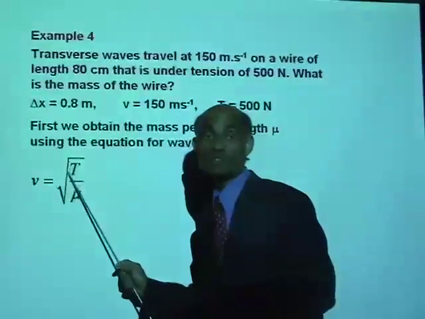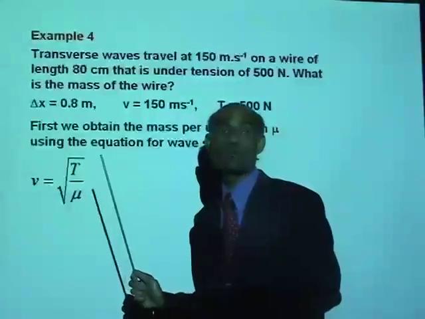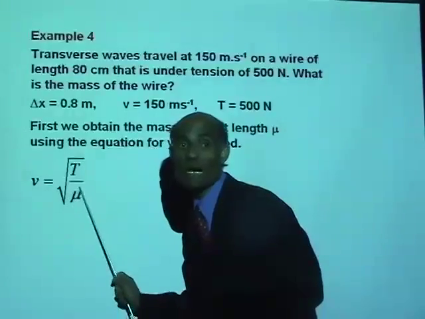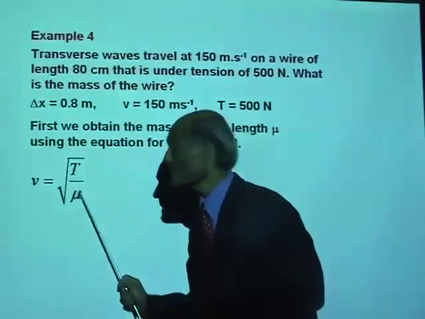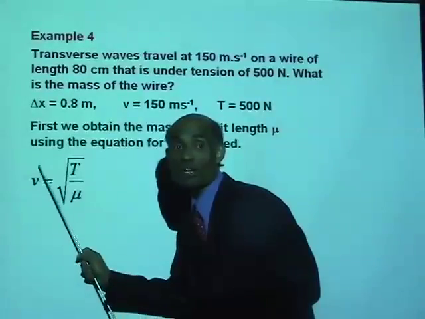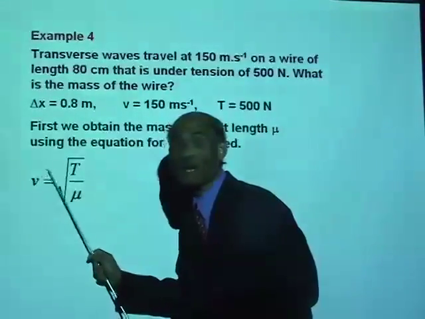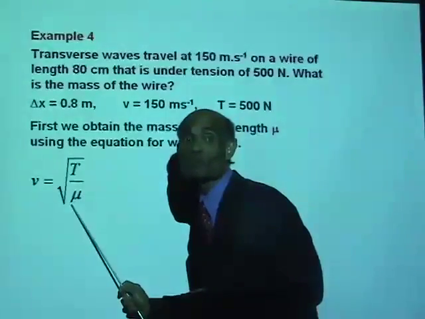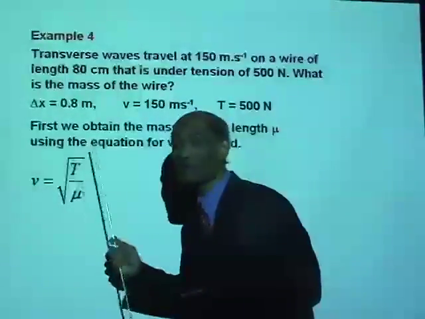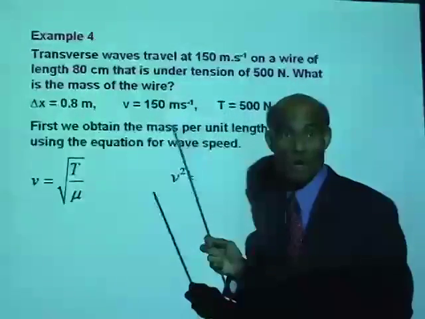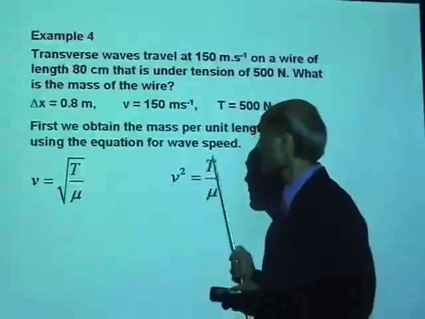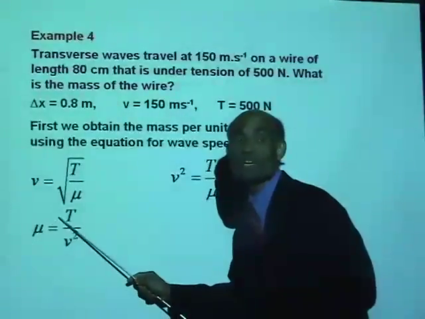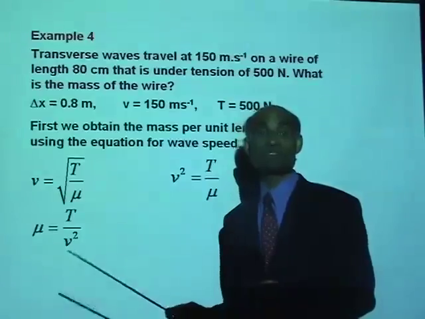It is v equal to square root of T over mu. Can you mentally solve for mu from here? Alright? You can see v squared, if you square both sides, v squared equal to T over mu. Therefore, mu will be T divided by v squared. Is that right? So, v squared equal to T divided by mu. Therefore, mu equal to T divided by v squared.